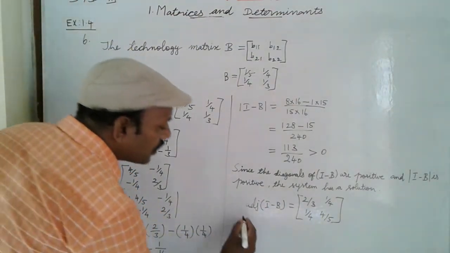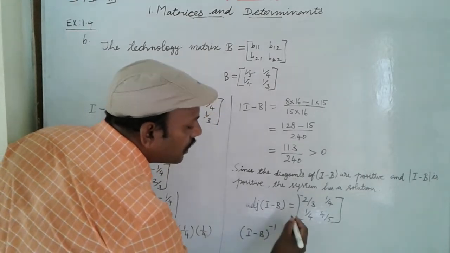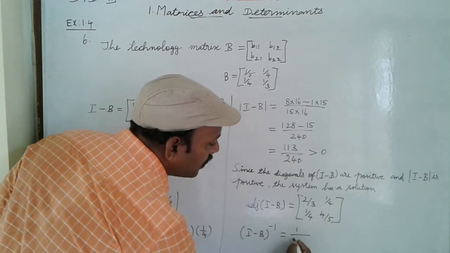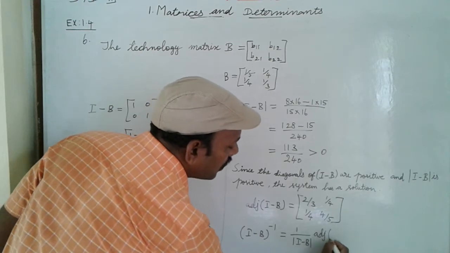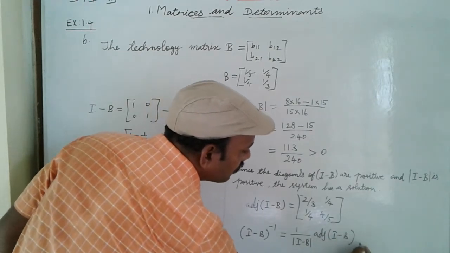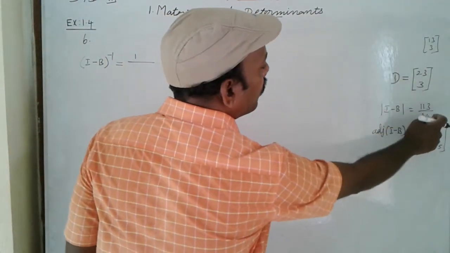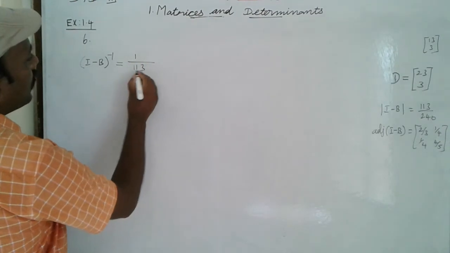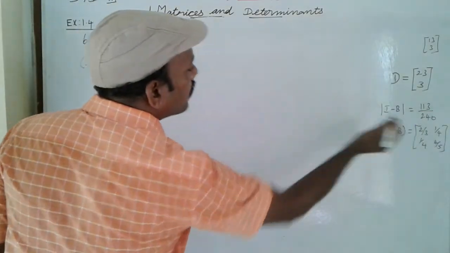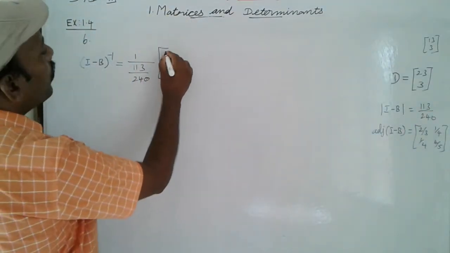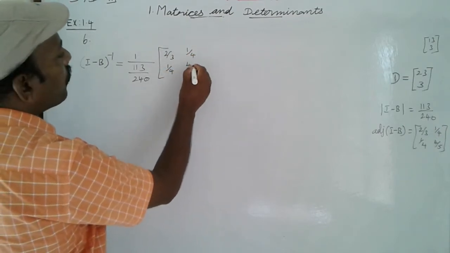Next we should find I minus B inverse. The formula is 1 divided by the determinant of I minus B, times the adjoint of I minus B. The determinant is 113 divided by 240, and the adjoint is the matrix 2 by 3, 1 by 4, 1 by 4, 4 by 5.